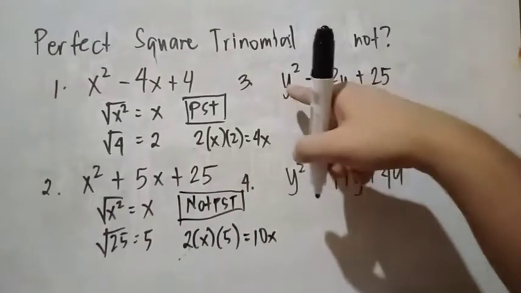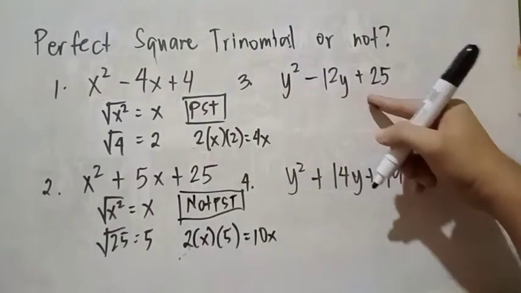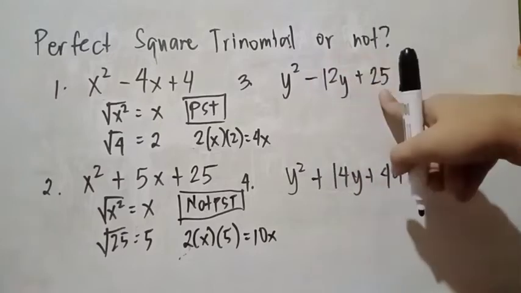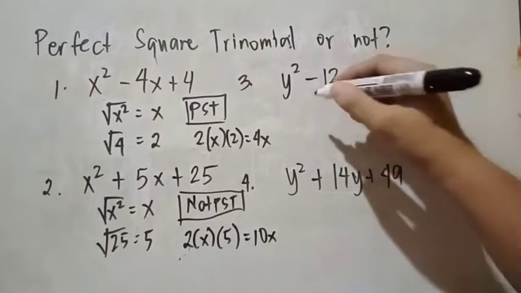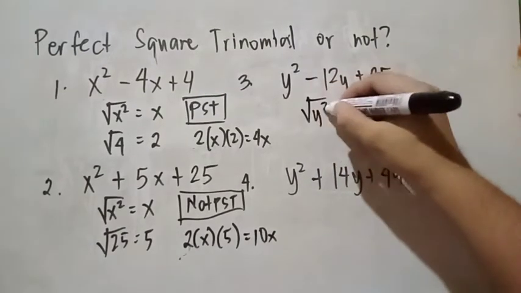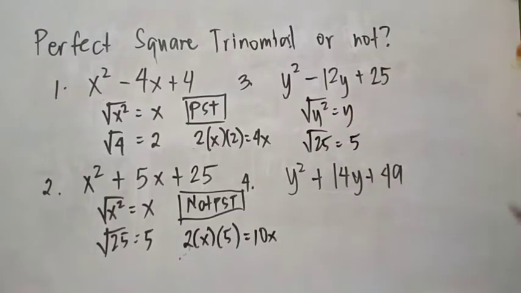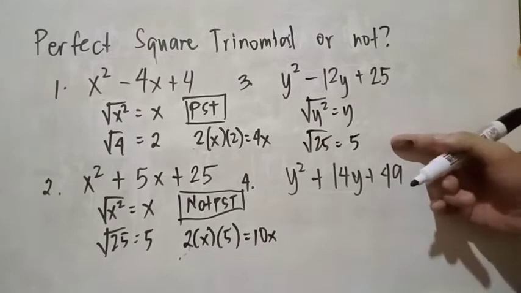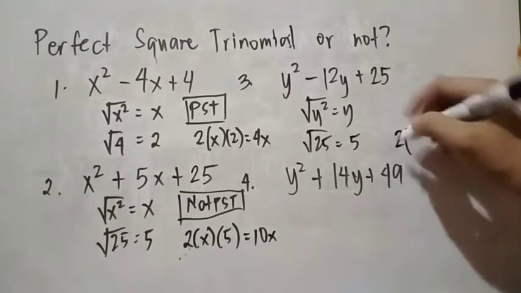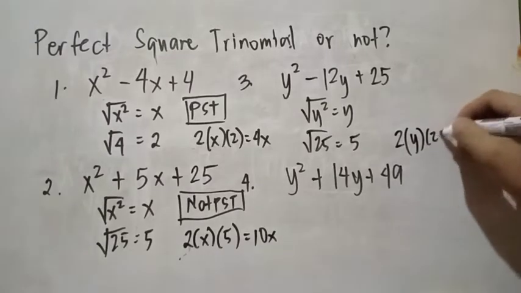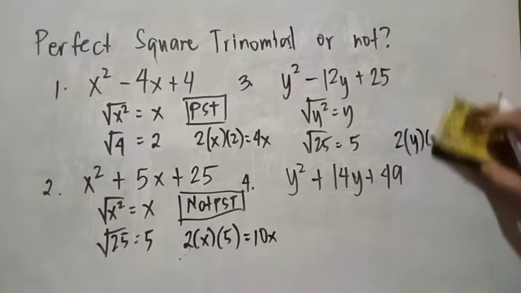Next, number 3. Y squared minus 12y plus 25. So again, we have y squared and 25 as perfect squares. So square root of y squared is y and square root of 25 is 5. And then imumultiply natin yung 2 sa dalawang terms na ito. So y and 25 ay 5 pala, sorry.